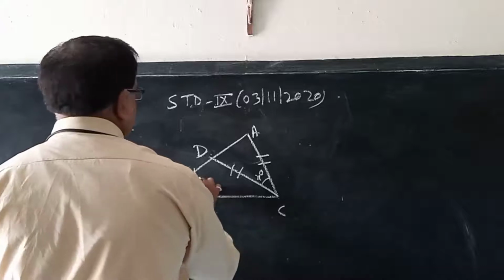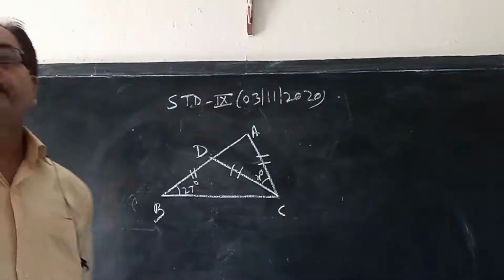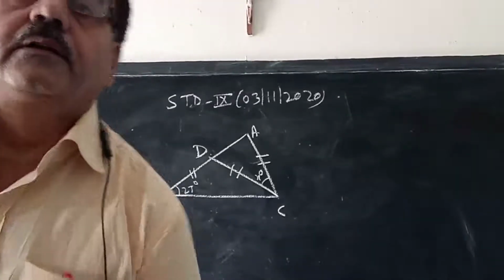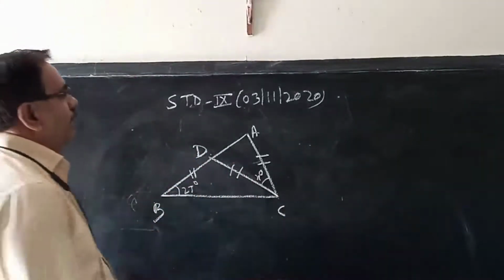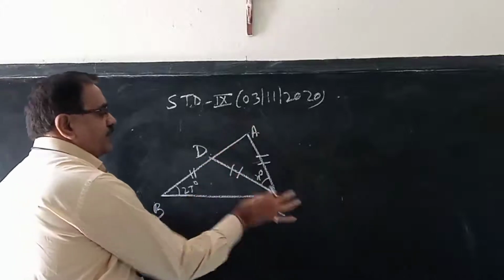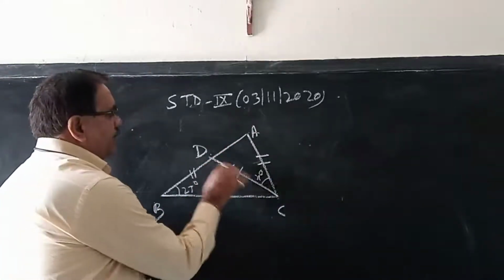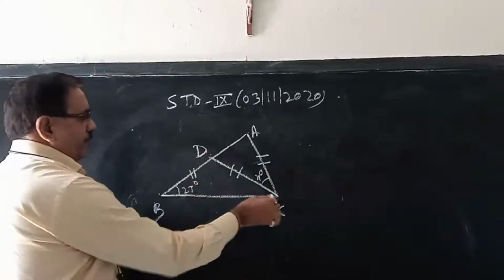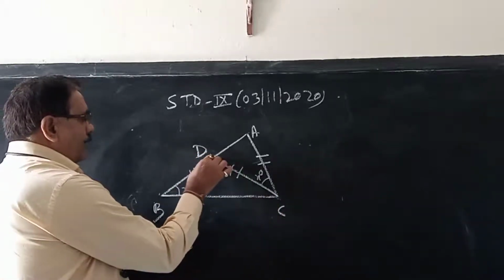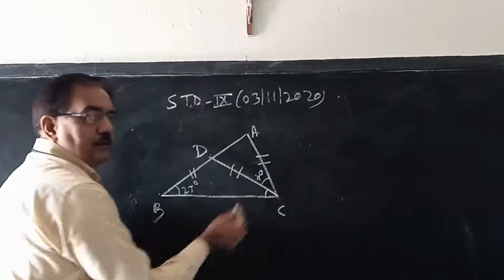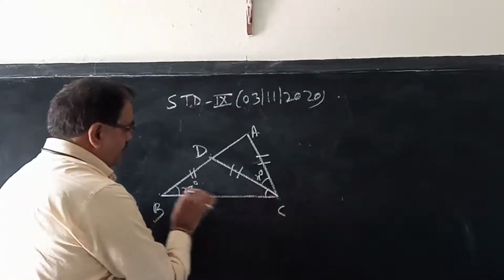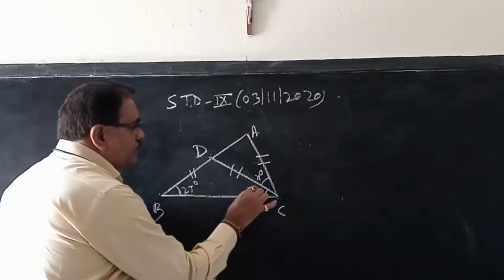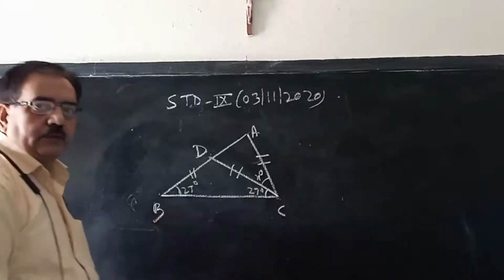It is 27. Here also we have to find the value of x. So first you take this triangle, triangle DBC. The angle opposite to DB is this angle. The angle opposite to DC is this, 27. So one of them is given as 27, which means this is also 27 degrees.